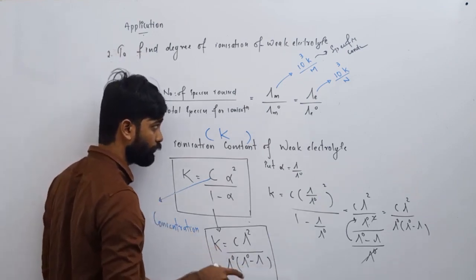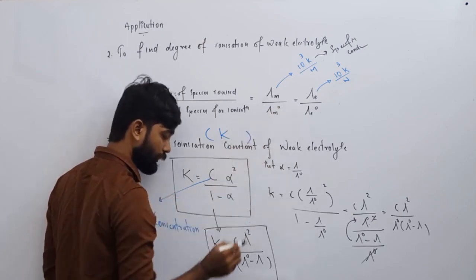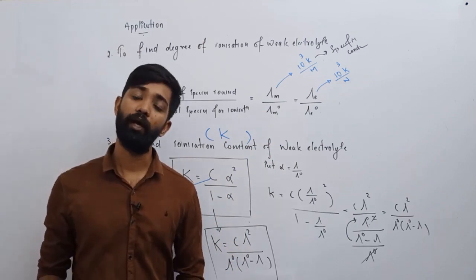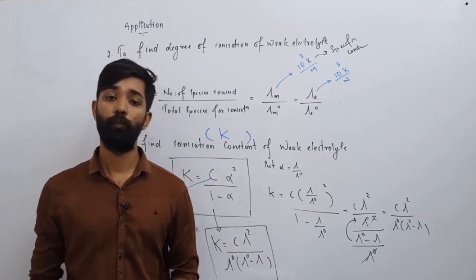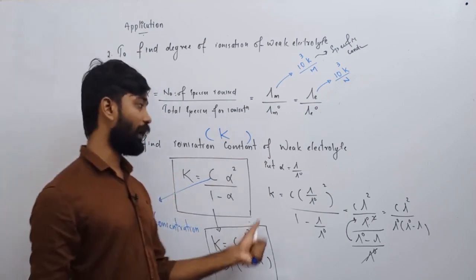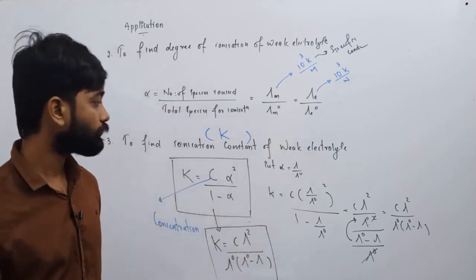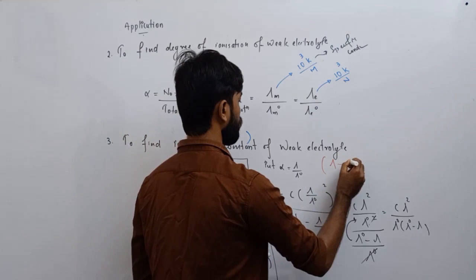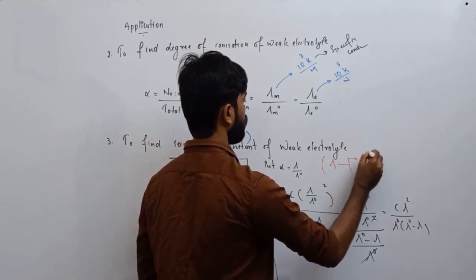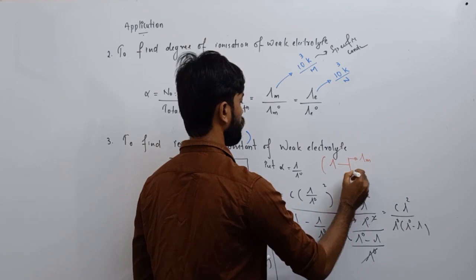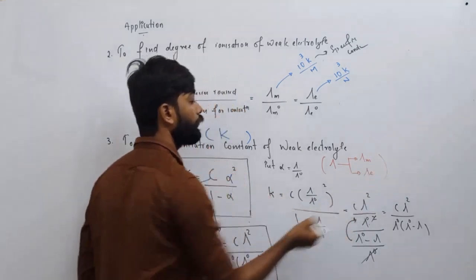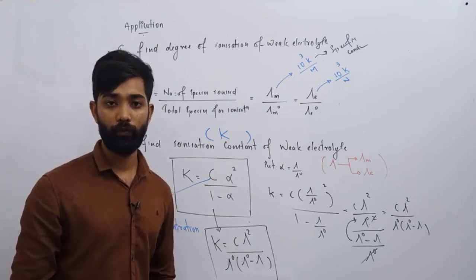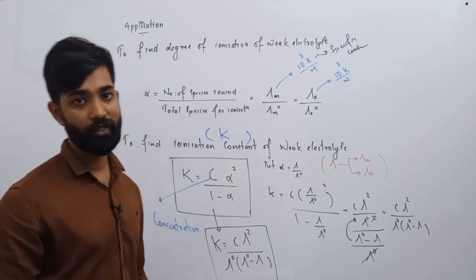If your lambda is molar conductivity, then K will be C lambda m square divided by lambda m0 of (lambda m0 minus lambda m). Or if your lambda is equivalent conductivity, then the equation will be K equal to C into lambda E square divided by lambda E0 of (lambda E0 minus lambda E).